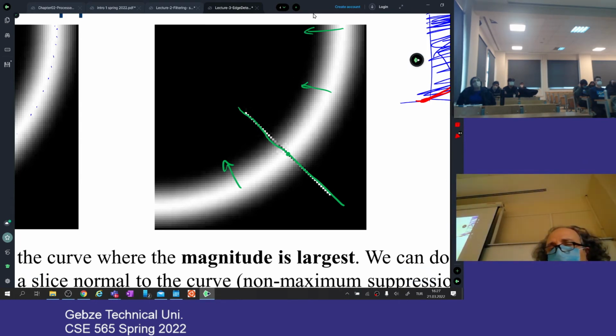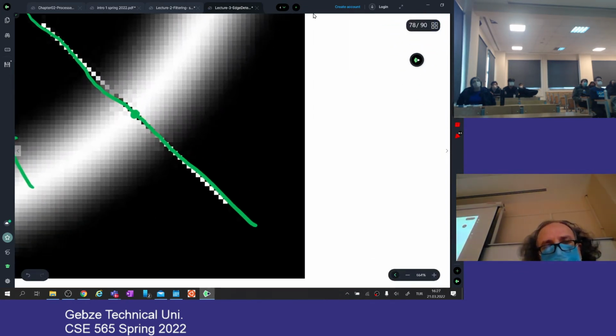And while I am walking in the direction of the gradient, let's look at this line, this green one. Let's try to draw this.